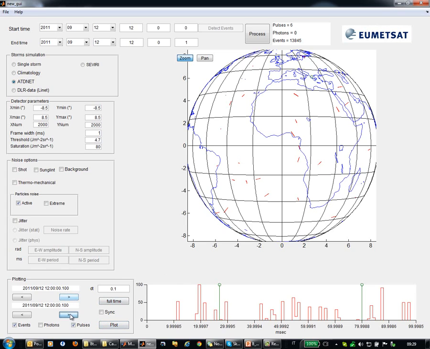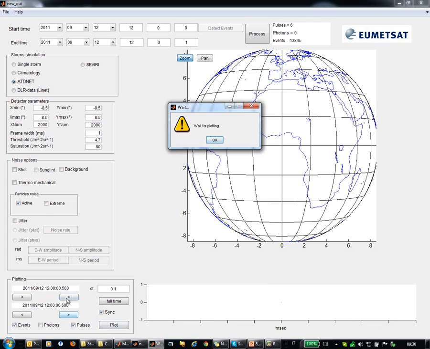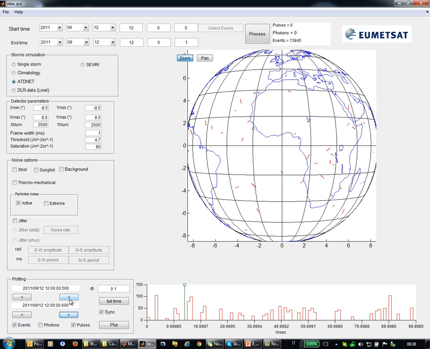We could go beyond just to catch where the pulses are. Here we have a couple. By pushing the sync button when we switch on and off the starting and ending time, all the plotting is updated accordingly.